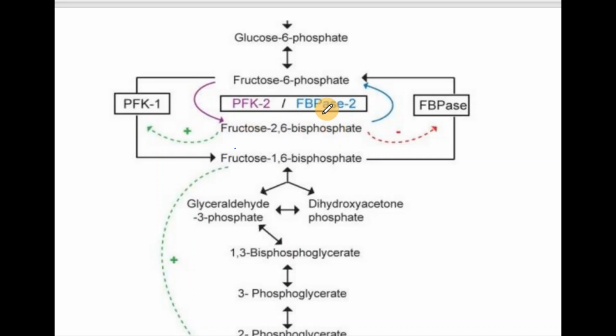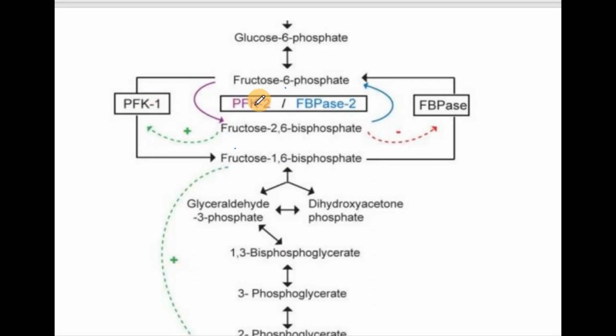The idea here is that fructose 2,6-bisphosphate is a positive allosteric activator of PFK1. Therefore, when you have a high concentration of fructose 2,6-bisphosphate, the glycolytic pathway will be active, because it activates the main control enzyme in glycolysis.